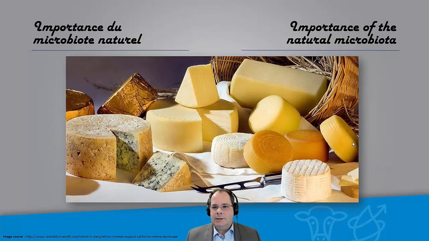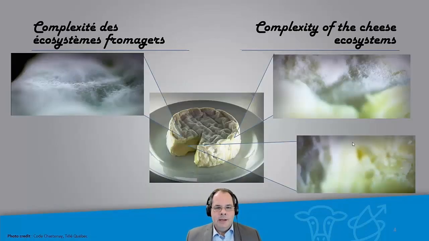First of all, let's begin by talking about the importance of the natural microbiota. Cheese has a very complex ecosystem. If we take a cheese such as this one here on the screen, and look at the surface and the heart of the cheese more closely, we realize that there are microorganisms that have developed within and at the surface of this cheese.